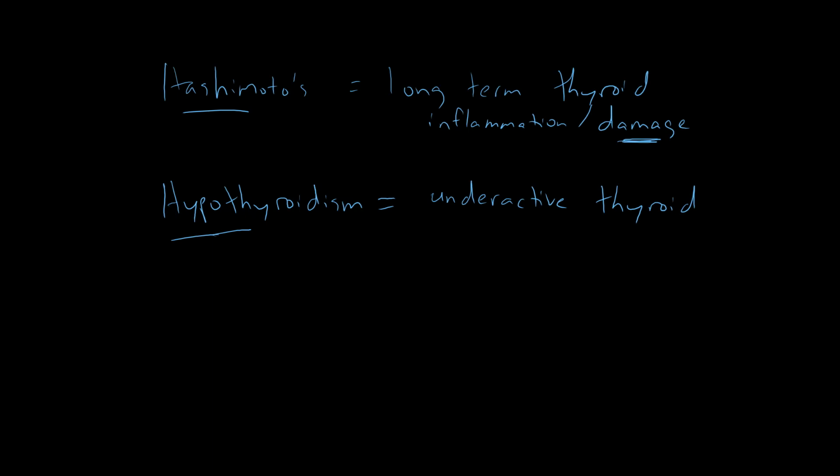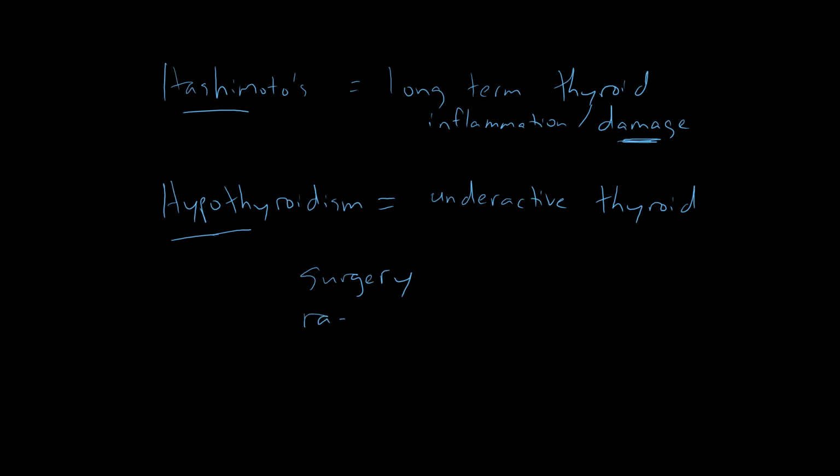So hypothyroidism is less common than Hashimoto's because only a subset of Hashimoto's patients will develop hypothyroidism. On the other hand, nearly everybody with hypothyroidism has hypothyroidism because of Hashimoto's. There are some exceptions. A person could be hypothyroid because of surgery. So if your thyroid is partially or completely removed, then you may have an underactive thyroid or not enough thyroid hormone as a result.